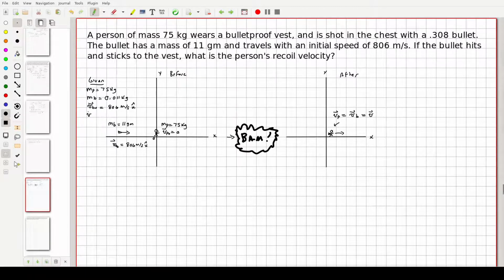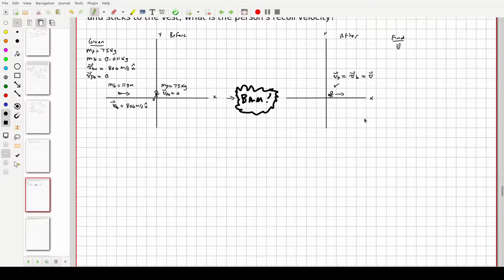We know the velocity of the person initially is 0. Now, what are we trying to find? The recoil velocity, V. Remember, the bullet and the person are going to have the same velocity. So we know what we're given, and we know what we're trying to find.